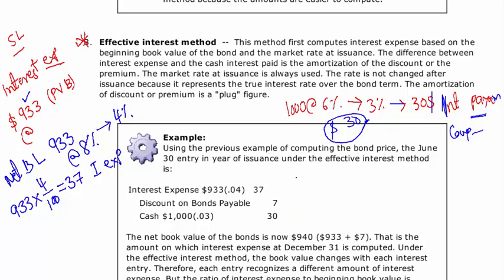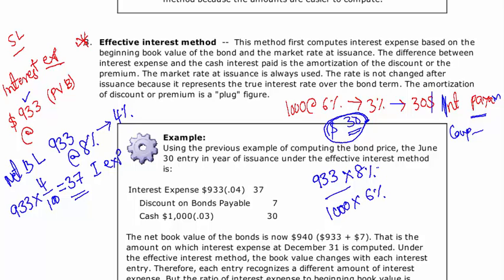Actually, how much do you have to pay? 37. But how much are you paying? $30. The $7 is what you are saving, because if you go to the market or any bank loan at 8%, you have to pay on this value. But you are paying just 30, that is 1000 at the rate of 6%.